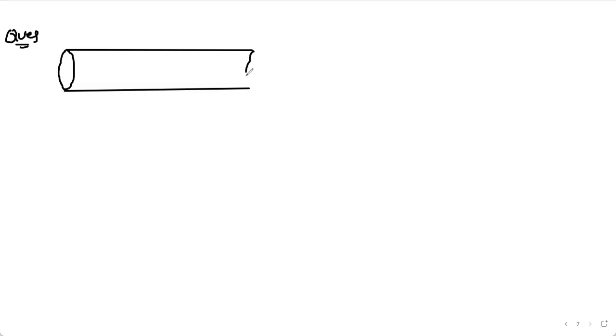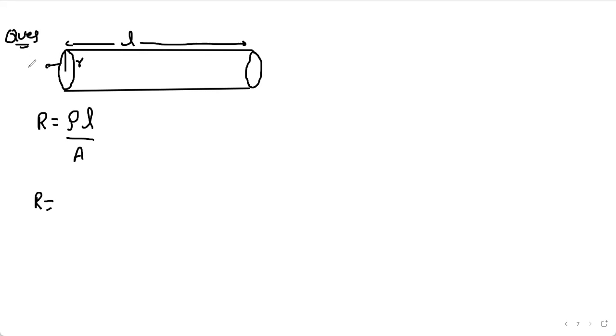We will give you a cylinder. The radius of the cylinder is r. The length of the cylinder is L. I need resistance, which is rho L over A, where A is the area of cross section.